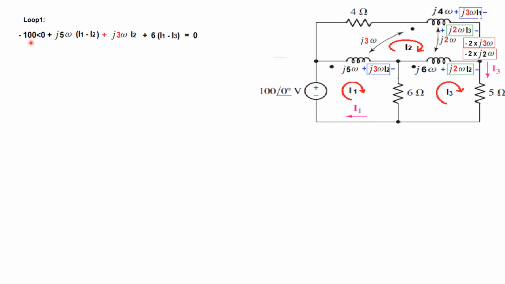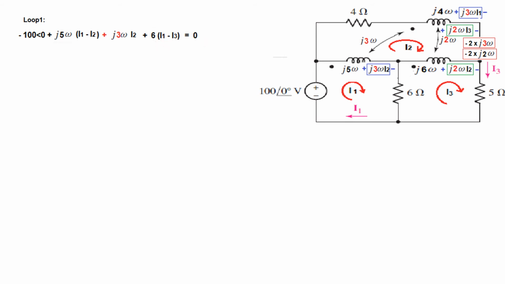So minus 100 plus j5 times I1 minus I2, plus this induced voltage, because the positive sign is coming first, so we write plus, and plus I2 minus I3 into 6. So this is the first equation.